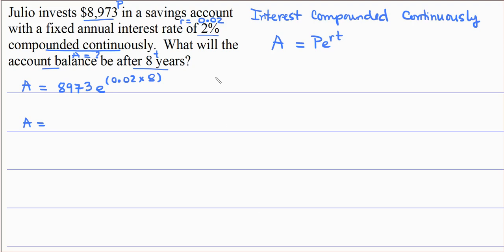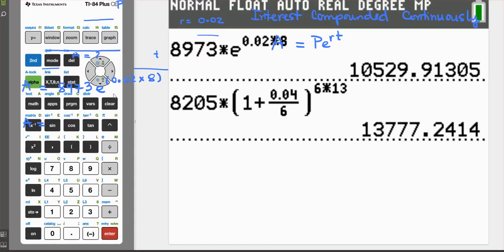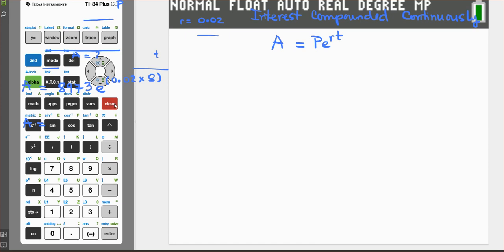So I'll show you the calculator. So let me clear. I'm going to go ahead and put 8,973.